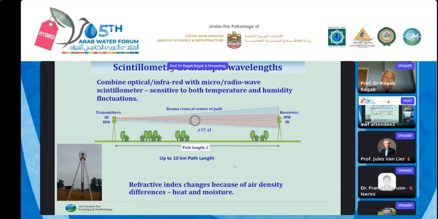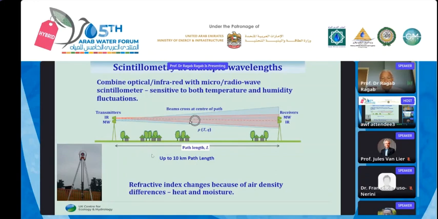Across that path, you will find the change in the air density, and all those eddies created by the evaporation are sensed and measured by the receivers here. From that we can calculate the actual evapotranspiration of a mixed cropping system that could also include trees and grass and everything in the path.